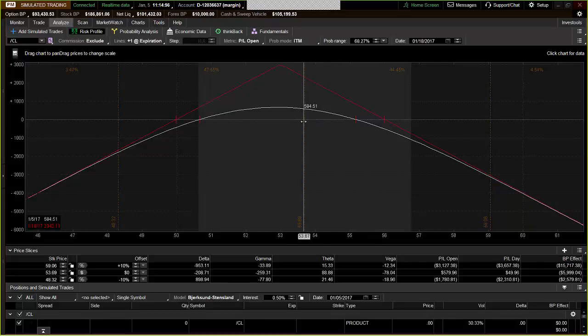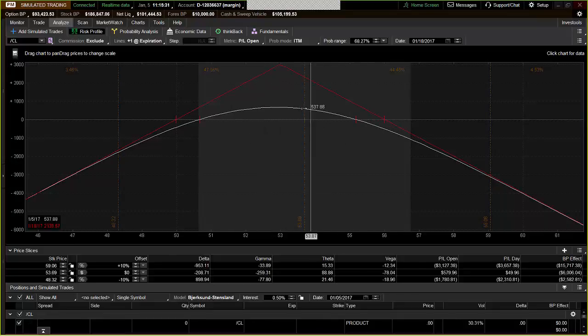Right down there, it's showing that we are going to be making $2,332, which if we actually yielded that amount, which we won't because I'll close it early, would be a nice return on margin, providing the trade is safe. This hash mark right here is showing what my break even is on the low side, and it's showing what my break even is on the high side.